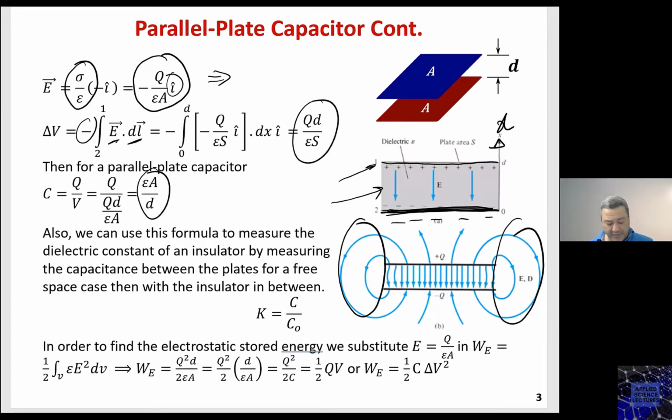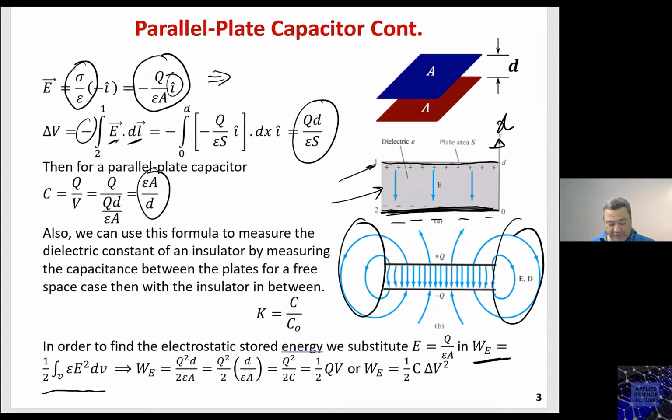We just derived them. Then we have the energy stored in the electrostatic field, W_E, as half the volume integral of epsilon E squared dV.